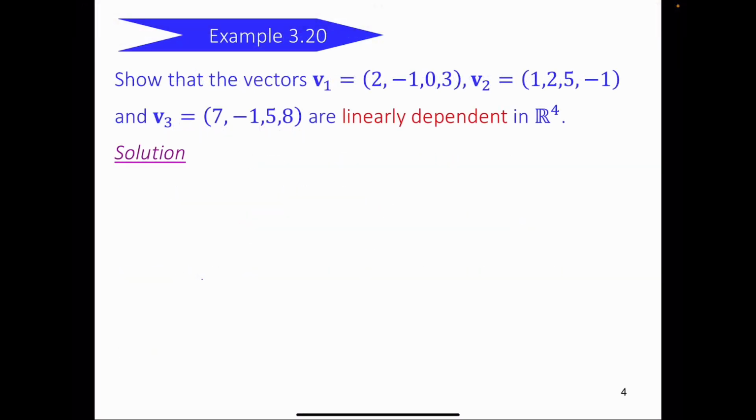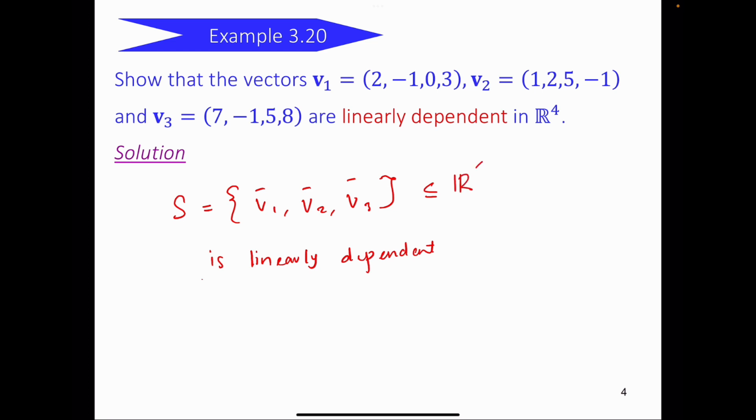Now we move on to our first example. In this example, we have to show that the set S, which contains V1, V2, V3, is linearly dependent. Since V1, V2, V3 are in R4, S is a subset of the real vector space R4.